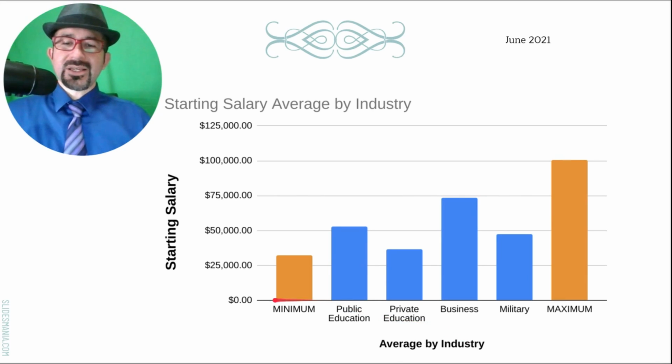Here you can see the minimum starting salary, the maximum starting salary across different industries, the average starting salary, including public education and private education. I hope this chart has given you some insight as to what is a proper salary across different industries. In the education field, this included different degrees as well as different levels of experience.